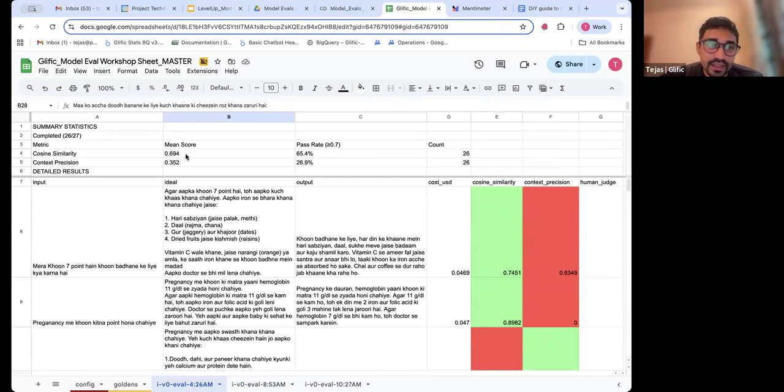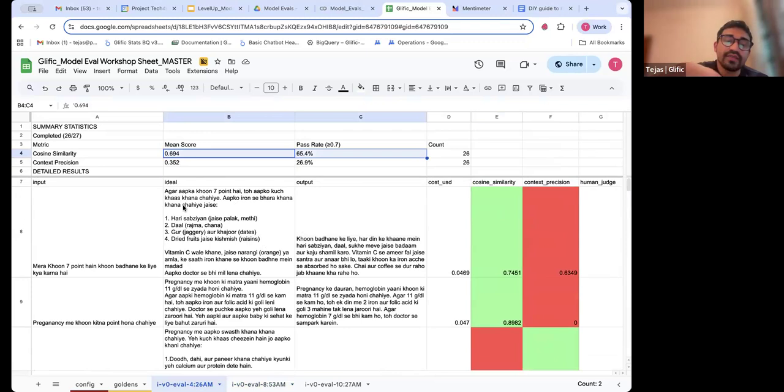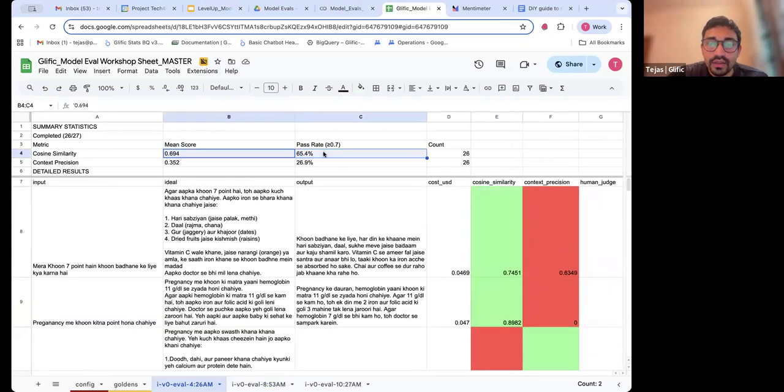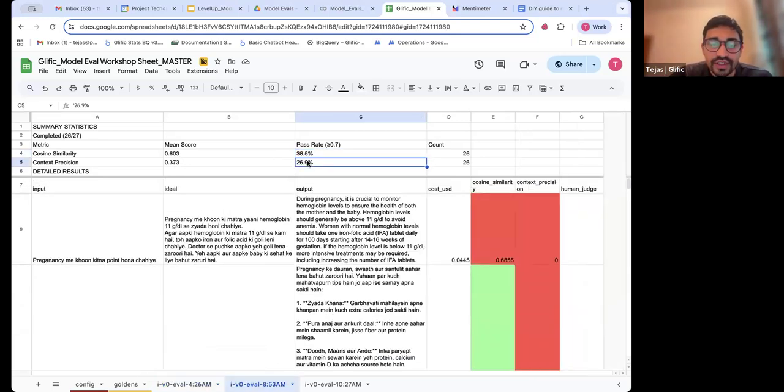So as you can see, having the prompt shapes the way the AI answer is generated, and it impacts the cosine similarity. There's a slight difference in how many answers were similar to the actual answer that was supposed to be generated, but not much difference on the context precision.